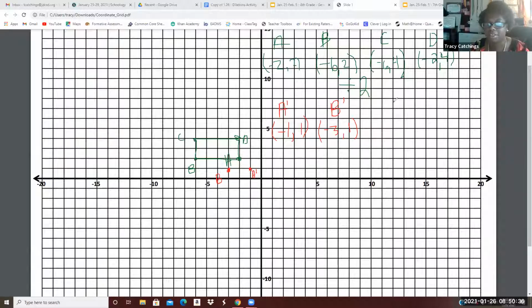All right, C prime. Negative 3, 2. Good job. And D prime. Negative 1, 2.